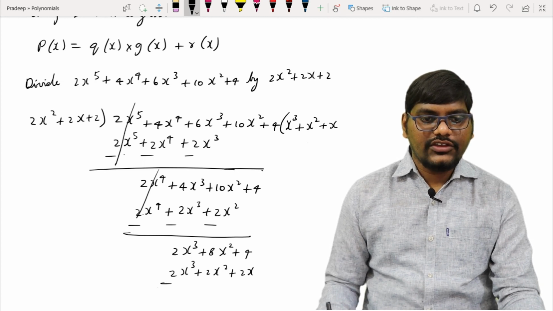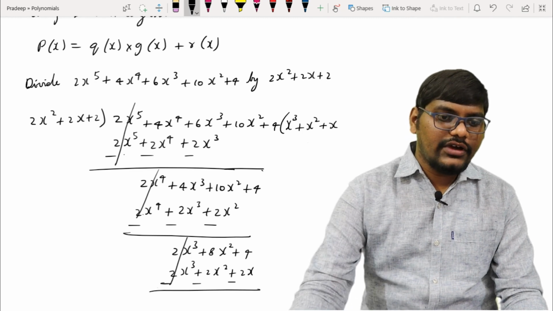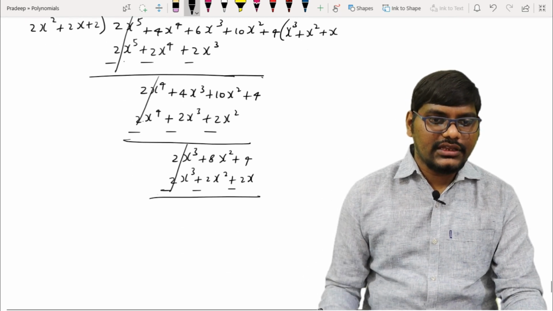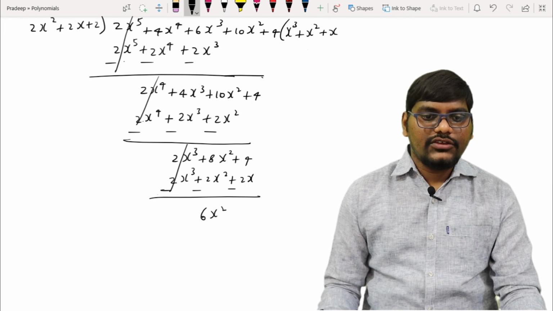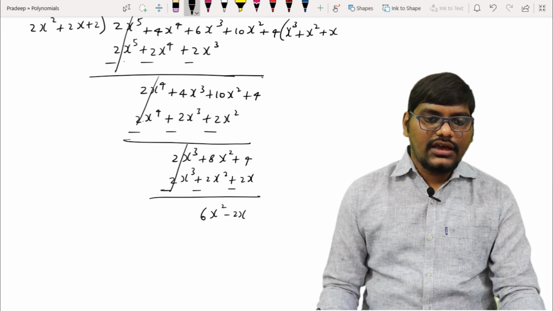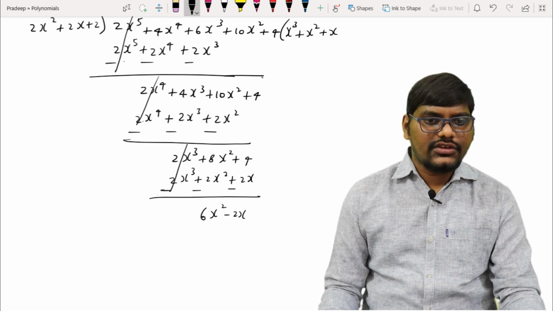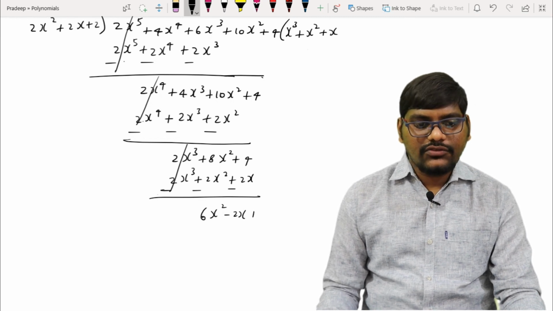So we'll change signs, minus minus minus, so these both get cancelled. 8 minus 2 gives the value as, not 4x, this is 6x square, and this is minus 2x. As there is 4 over here, this is minus 2x plus 4 remaining.